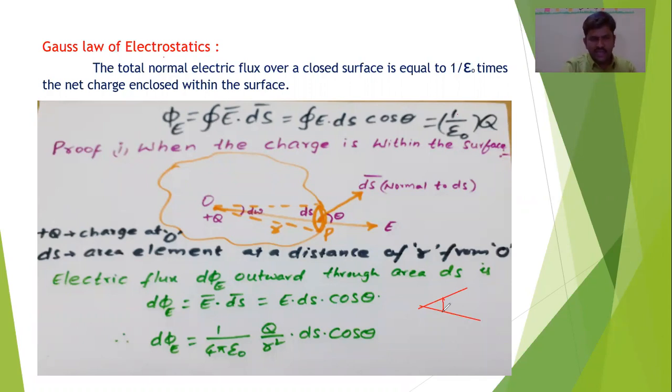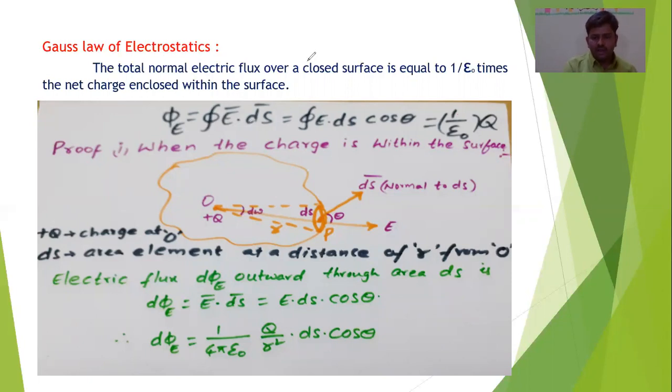But if you consider a cone, the areal block ds makes an angle at the center O, and we call it d omega. This areal element makes such a d omega angle at the center. This is three-dimensional, a cone making an angle at its center. That angle is known as solid angle.